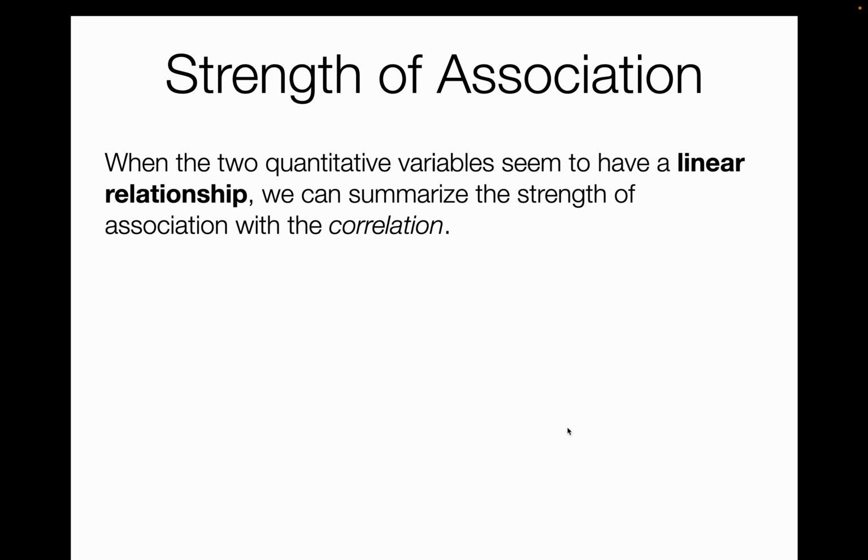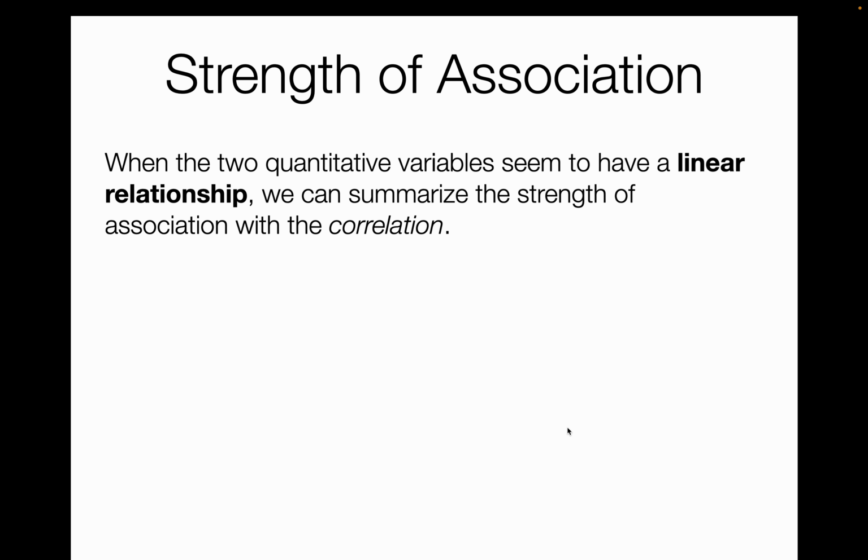Now what I'm adding in chapter 2 is that we can describe the strength of the association, and we can do that numerically. The numerical thing that does that is for when two quantitative variables seem to have a linear relationship, and that's a very important part. This only works if it looks like the data has a linear relationship.